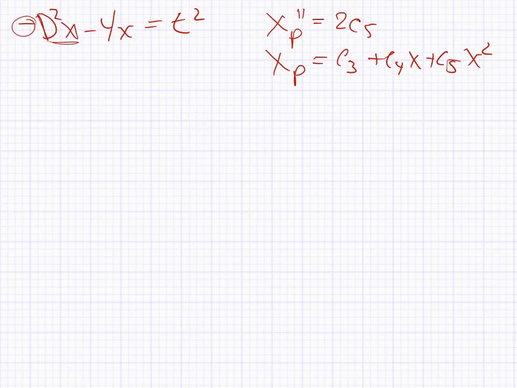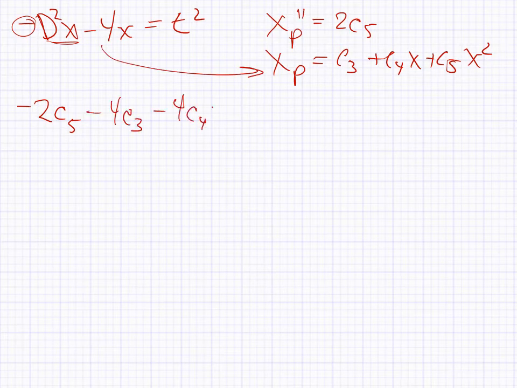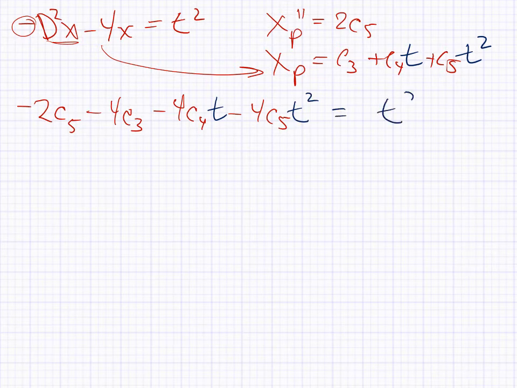So this would be minus 2c5, then minus 4 times x itself, so that would be minus 4c3 minus 4c4x minus 4c5x squared. I'm all over the place here. These should not be x's. These should be t's, because x is a function of t. And that equals t squared.